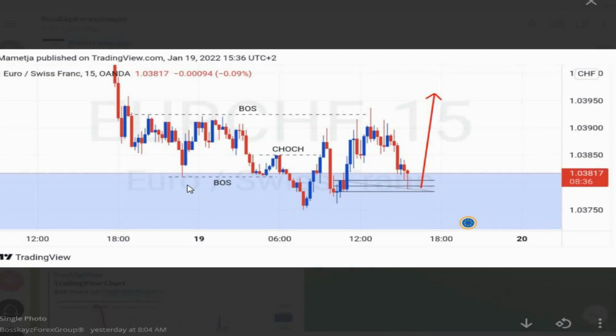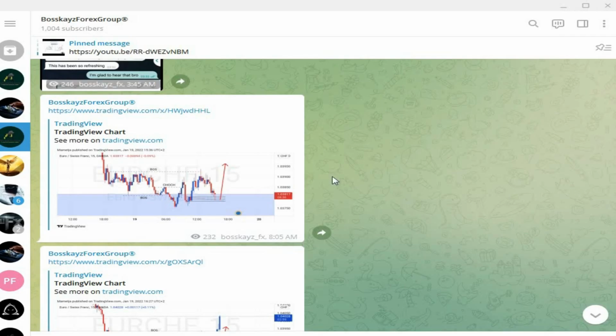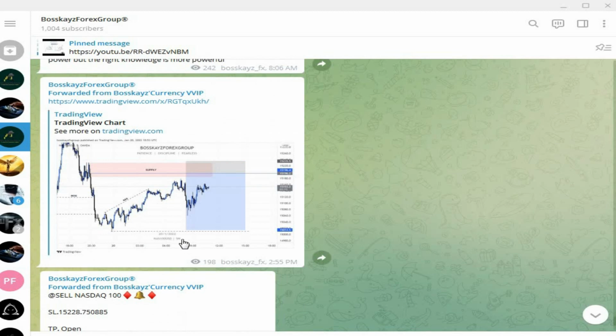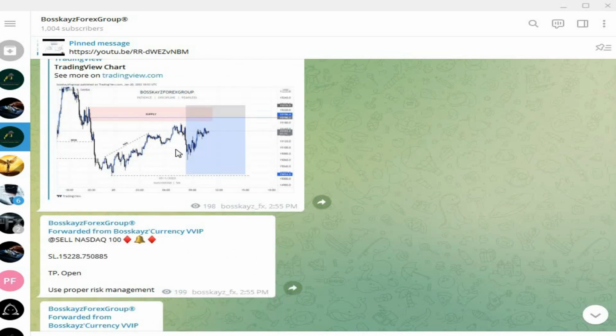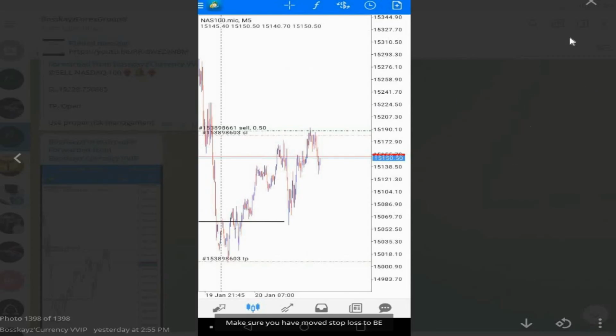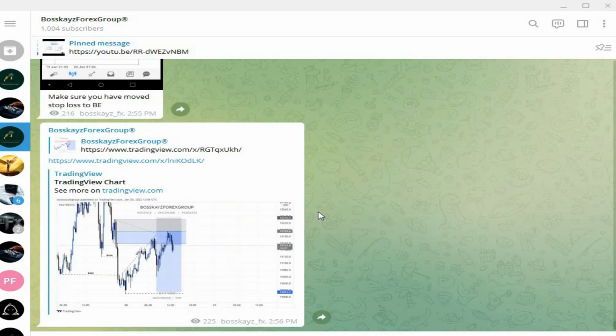And this was from my student who took this buy here, a Euro CHF right there. He took a sniper entry, guys, right there. The sell on the Nasdaq, we sent a signal. This was the trade, sniper entry right there.